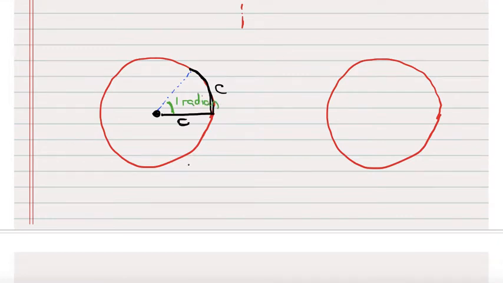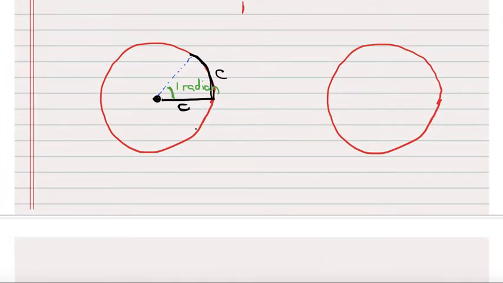Now the next part to consider is, think about the circumference of the circle in general. Well, how big is the circumference of this circle? We might recall back to our year 8 understanding and say the circumference of a circle is equal to 2 pi times c. So this c here, or this r in this case, becomes 2 pi c.